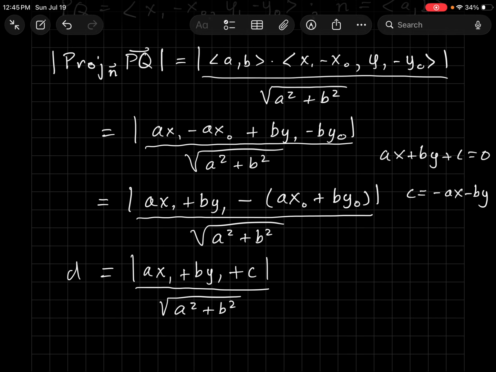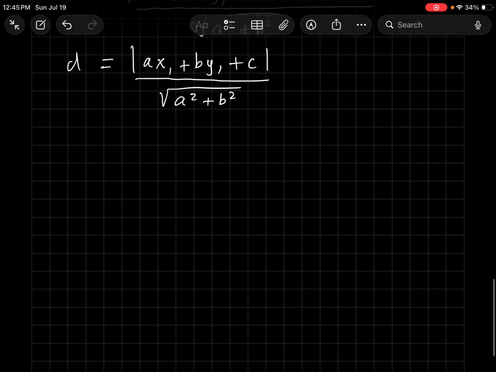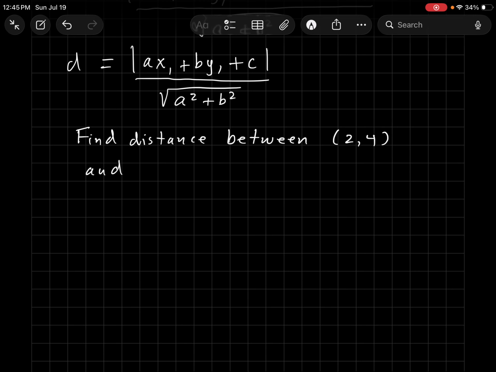Let's do one really quick example. Let's find the distance between, let's say, the point 2, 4 and the line 3x minus 2y plus 1 equals 0.